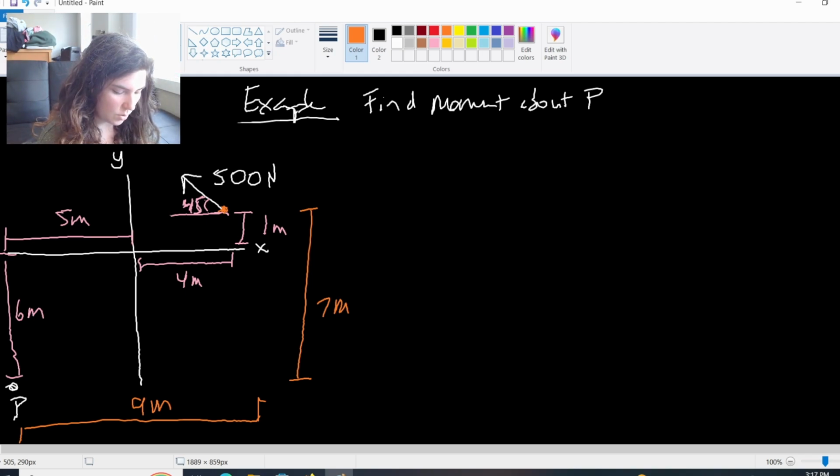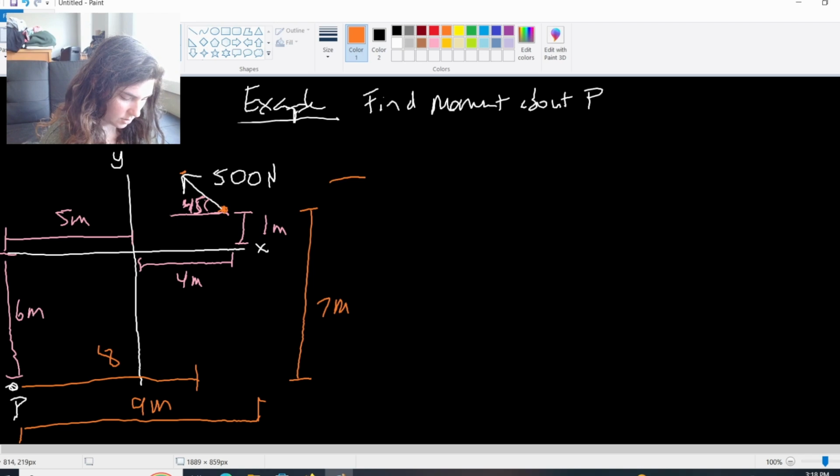So if I go 1 up and 1 over, because it's a 45-degree triangle, that makes a 1, 1 triangle. I get this point that is now 8 meters away, and up 1 is also 8 meters away.